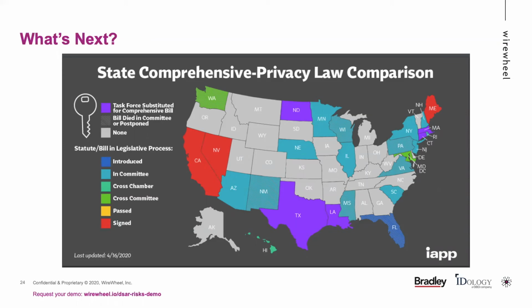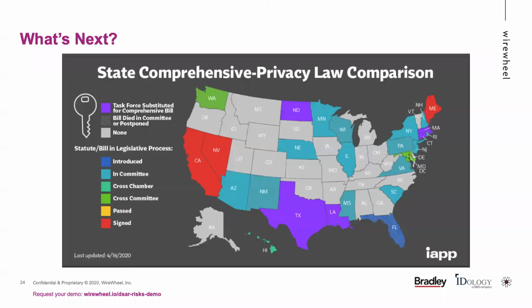As you can see from this slide, there are several states that have introduced comprehensive privacy legislation that would be comparable to CCPA. The lines are a little bit difficult to see, but in several of these states the bill has either died in committee or has been postponed, typically because there's some impasse in terms of how the bill is built out.